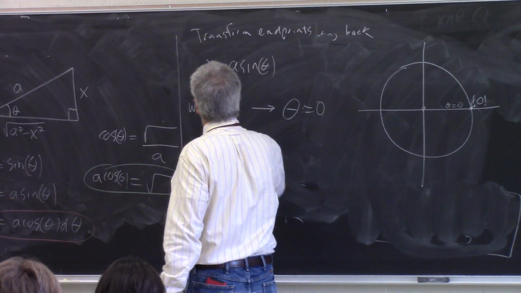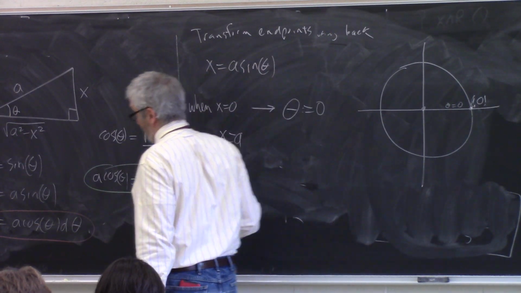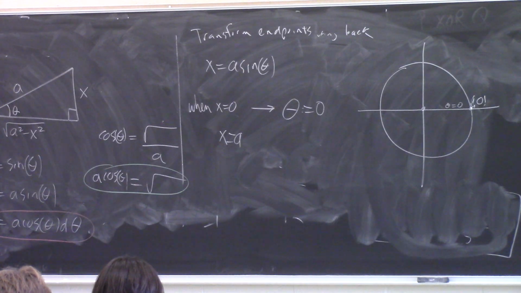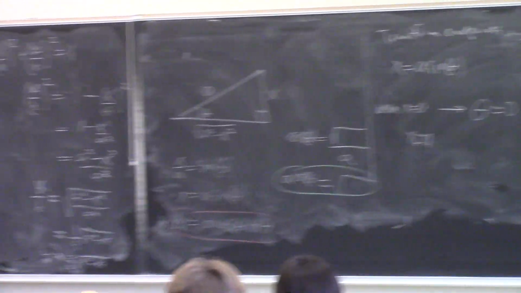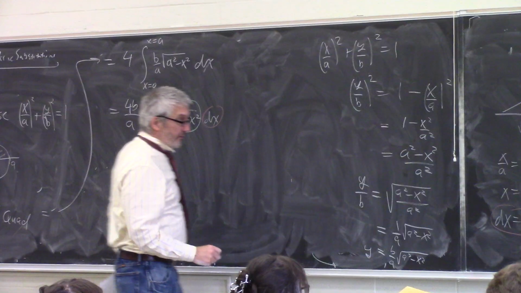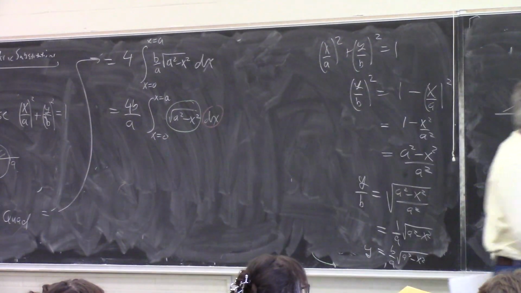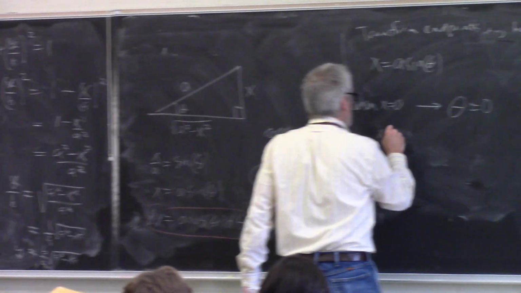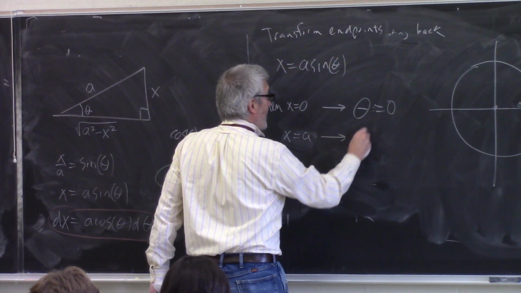How about when x is equal to a? The other endpoint is, this shouldn't say b. This should say x equals a. So when x equals a, what does that tell you theta has to be?